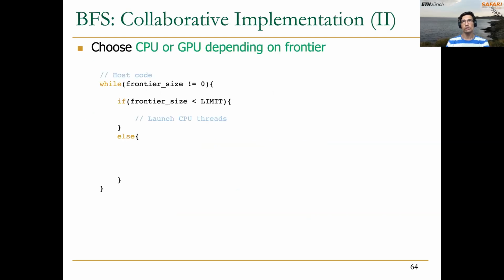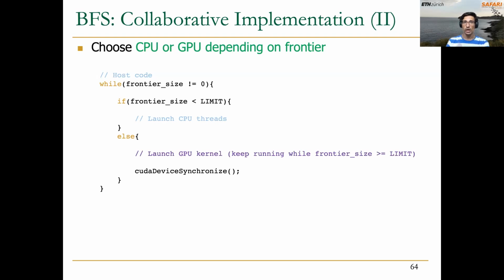So in this collaborative implementation, we are going to use CPU or GPU depending on the size of the frontier, and we can launch either CPU threads or a GPU kernel. And when we launch the GPU kernel, it's possible for us to keep the GPU threads, the GPU thread blocks, running while the frontier size is over the threshold.